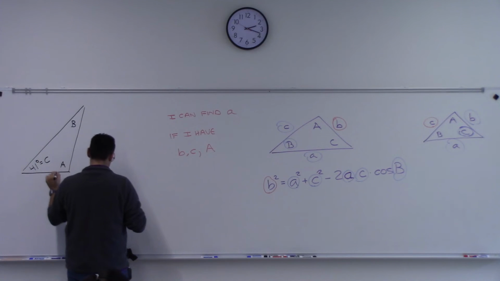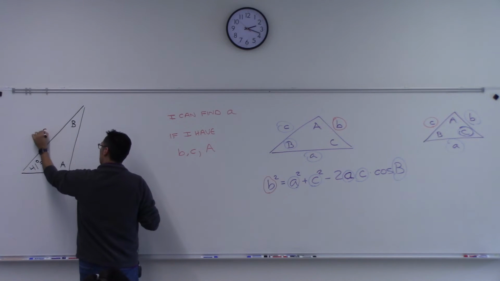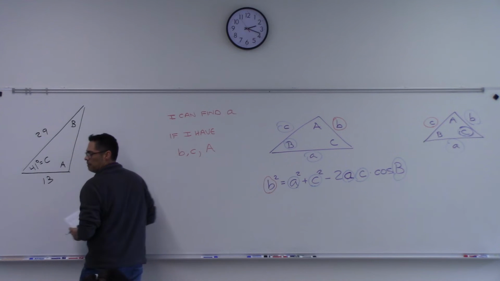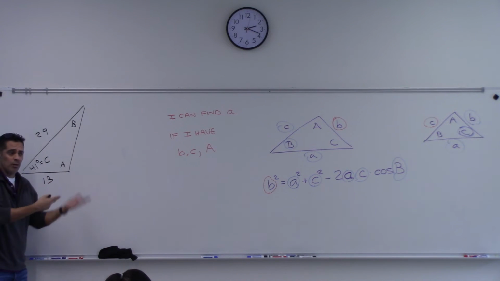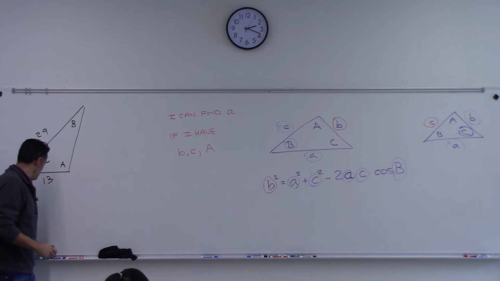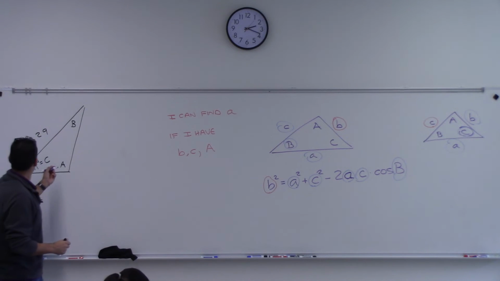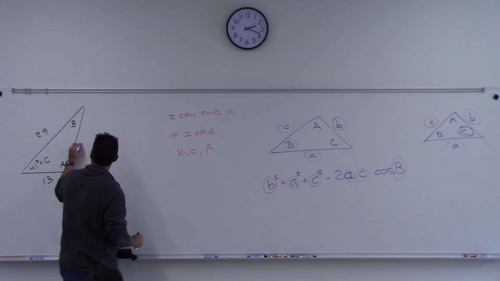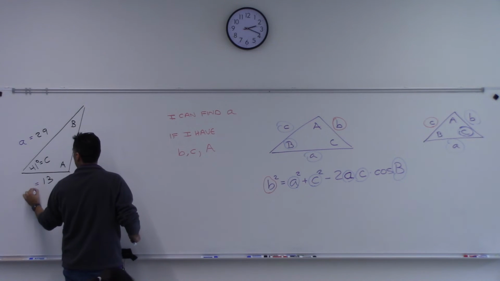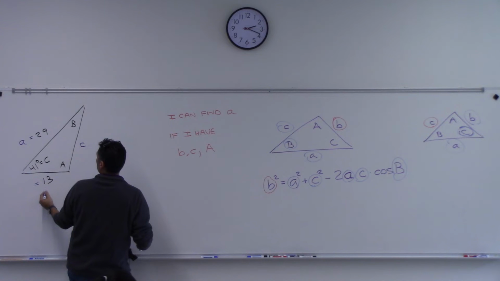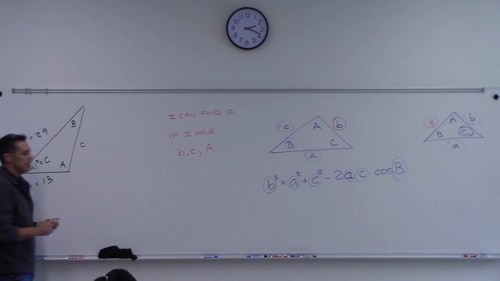I said that's C, and I gave you 29 here and 13 here. So now when I'm looking at that, I already know law of sines doesn't work. We tried it, we couldn't get it. This is little c here. This is little a. This is little b.